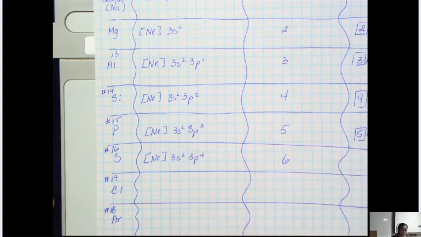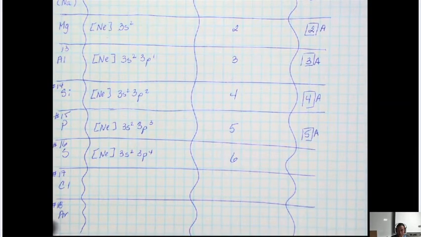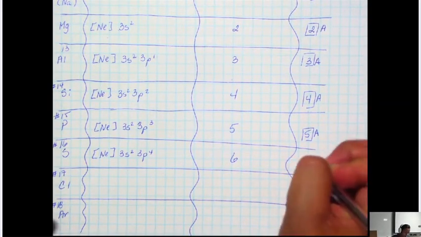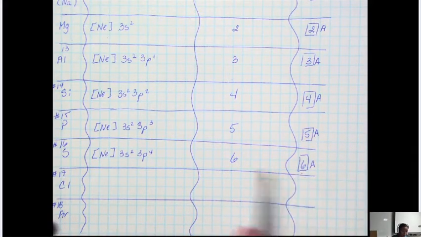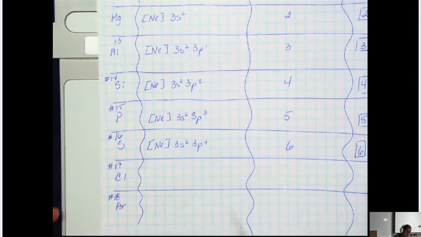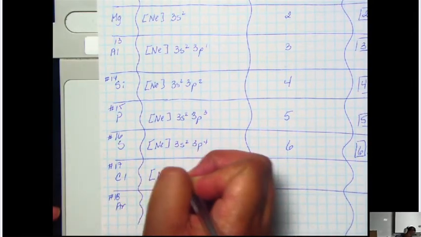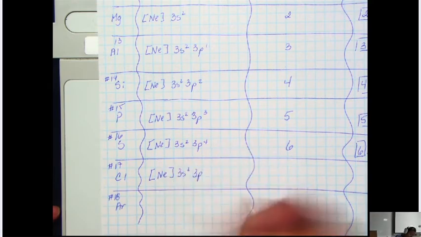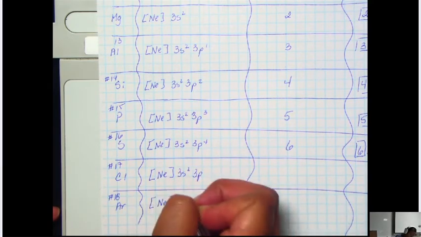And then what group number is it in? What is the group number? 6A. Good. Okay, so keep comparing. Again, group number is equal to the number of valence electrons. All right, so as I said, these are going to end or begin all the same for your electron configurations because they're all on level 3.